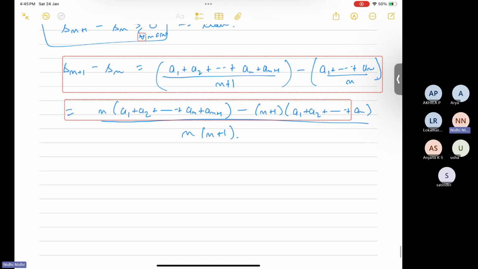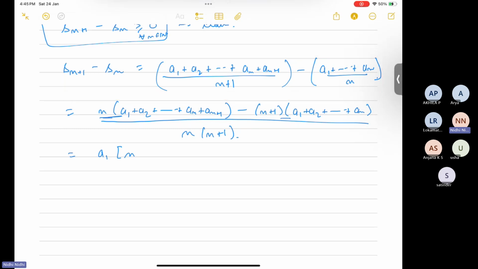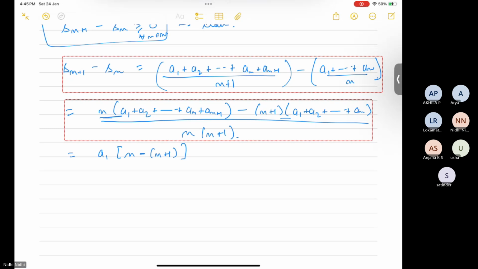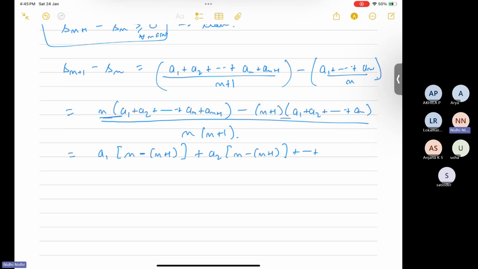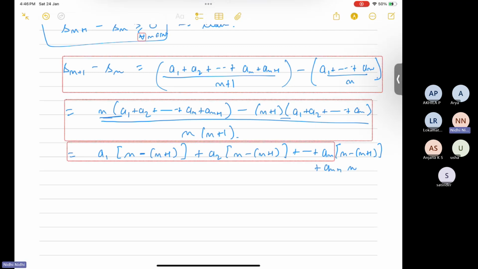Now let's look at the terms that are multiplied by a1. Here a1 has n times a1 and here we have minus n plus 1. Similarly, we have the same thing for a2, n minus n plus 1, and so on up till an. And for an plus 1 we have just n, upon n into n plus 1.